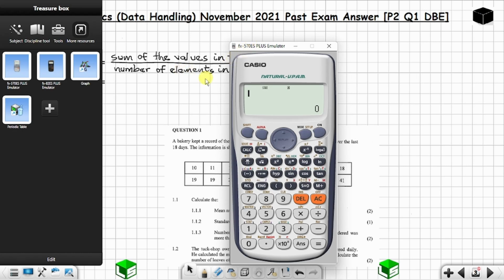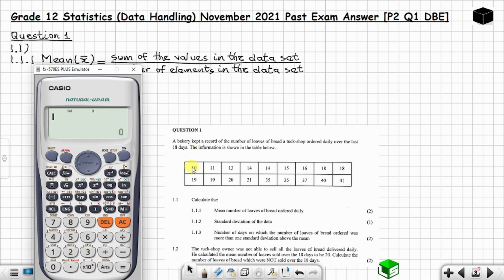So it's 10 plus 11 plus 13 plus 14 twice plus 15 plus 16 plus 18 twice plus 19 twice plus 20 plus 21 plus 35 twice plus 37 plus 40 plus 41, and this is equal to 396.